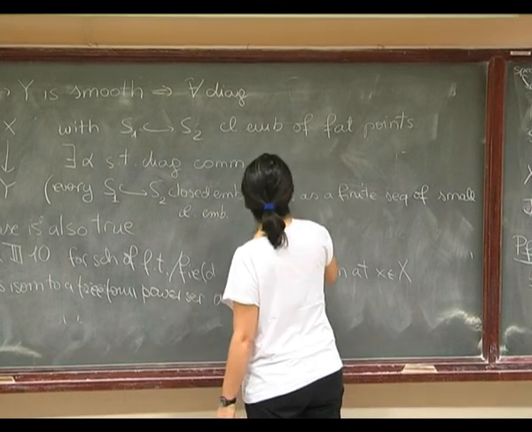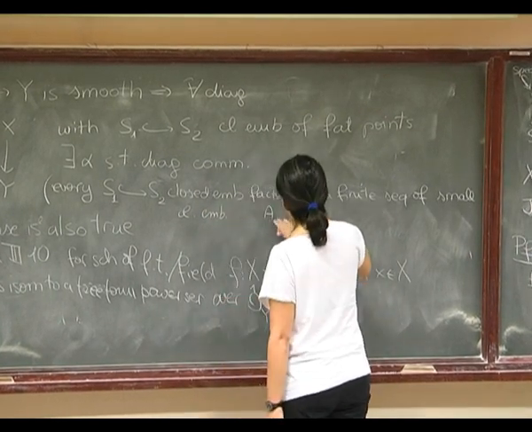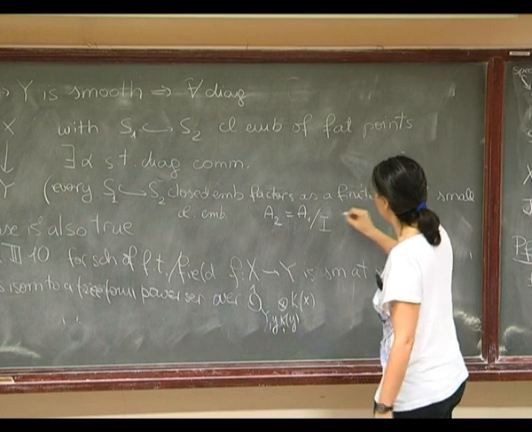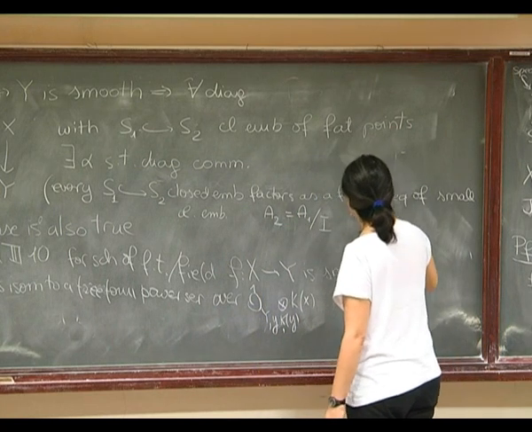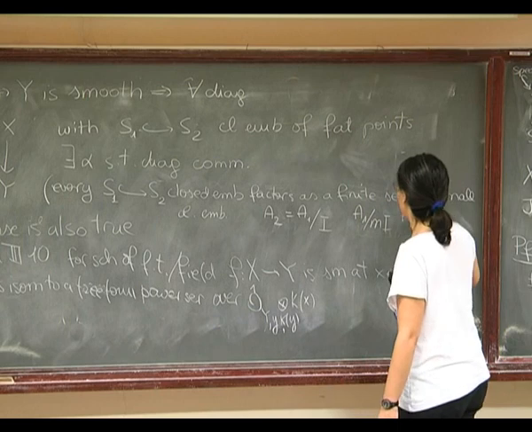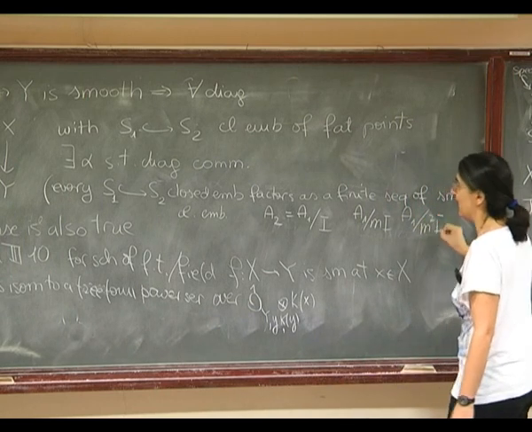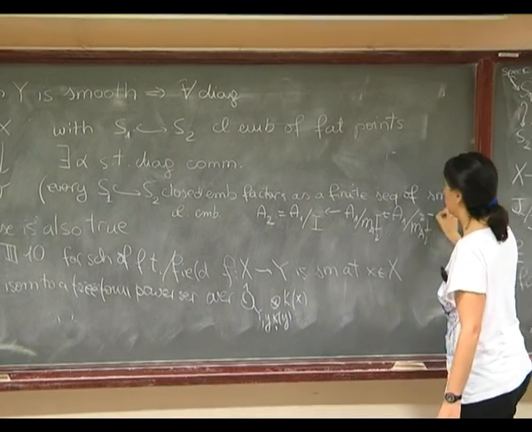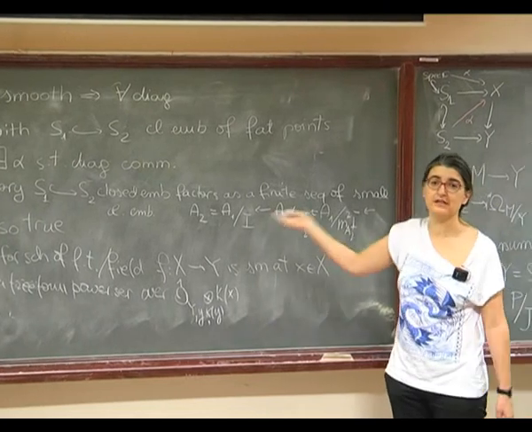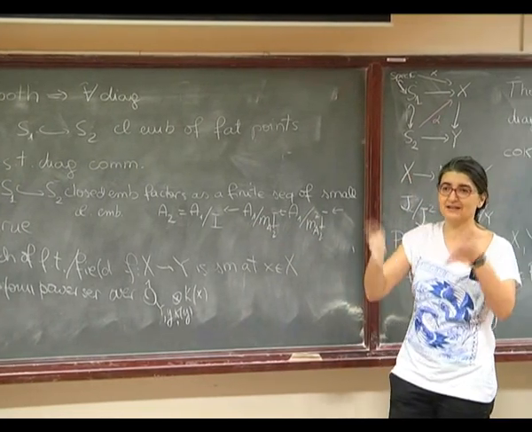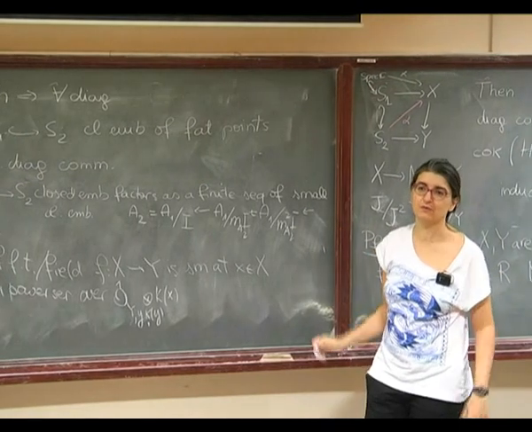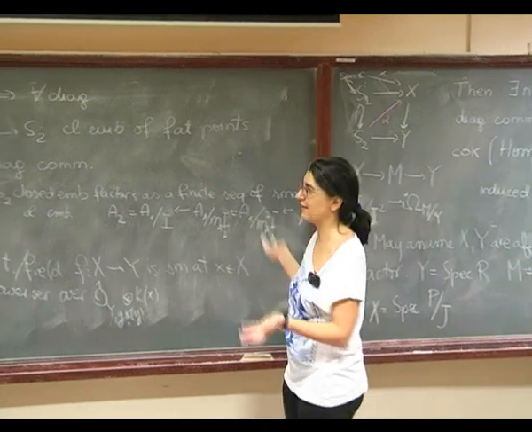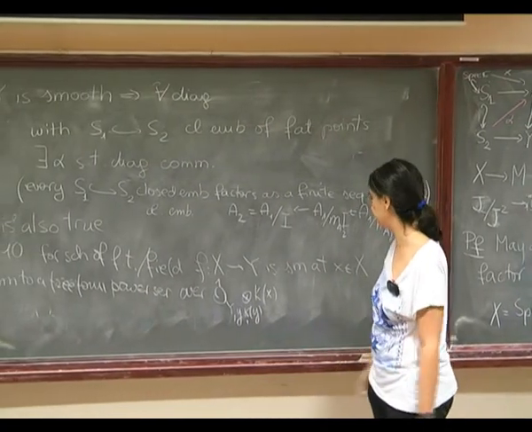So you can take A1, A2, and write it as A1 mod I, then A1 mod M I, then A1 mod M squared I, and so on. This sequence finishes. These are all semi-small, and any vector space quotient will give you a small extension. So once you can lift the semi-small or the small ones, you can lift them all.